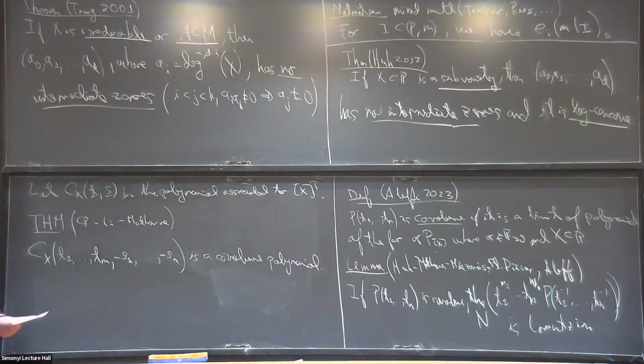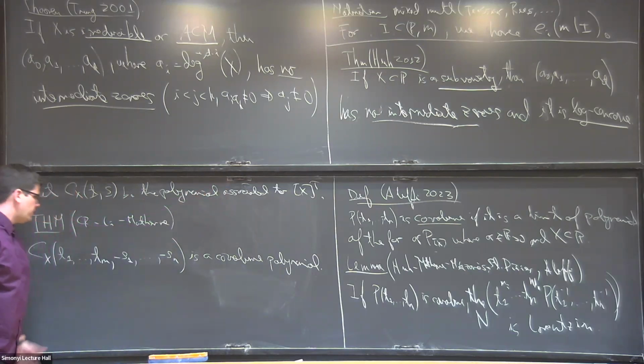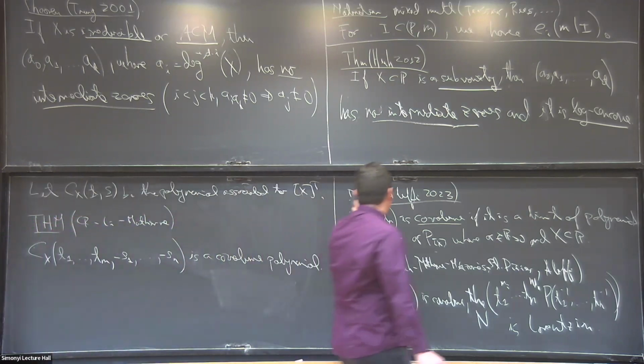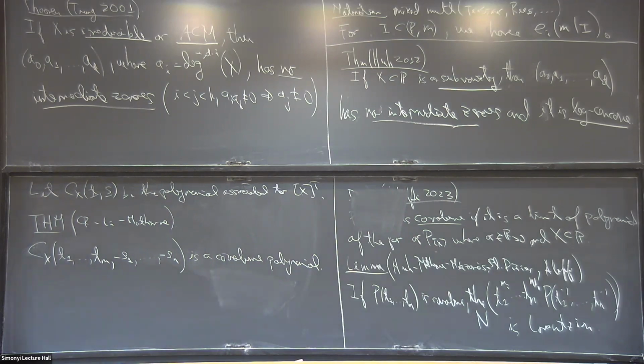Okay, so that's our goal. So we know for multiprojective varieties, or even just projective varieties, when you have a bunch of line bundles, you get nice polynomials. So our hope is to create a new class where you have this log-concavity. And there is nothing special here about the space of matrices.